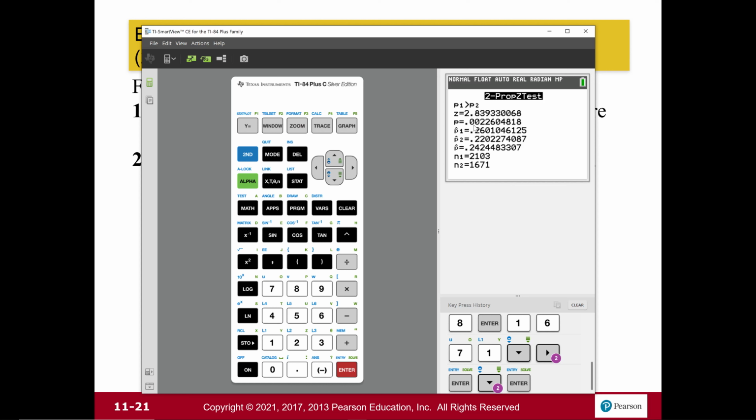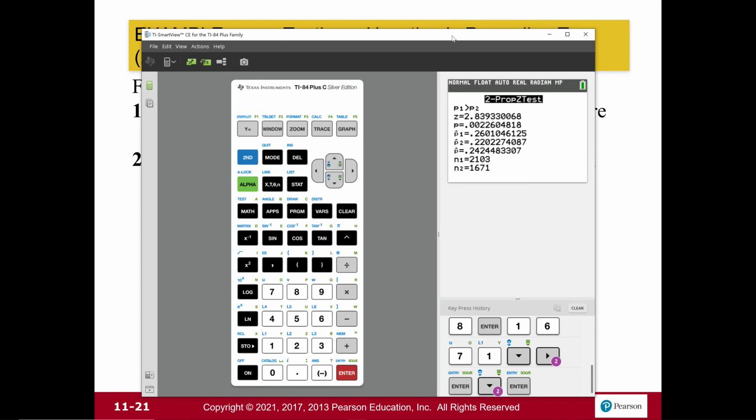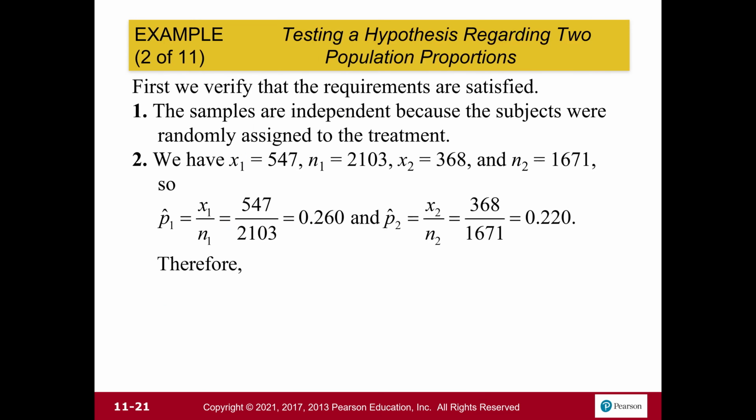Our p-value is 0.002, and that is much less than 5%, which is what we're going to compare it with. It's always best to do the test by the p-value. And then look at, they even calculated the pooled p-hat. Okay. So that was good to see that.